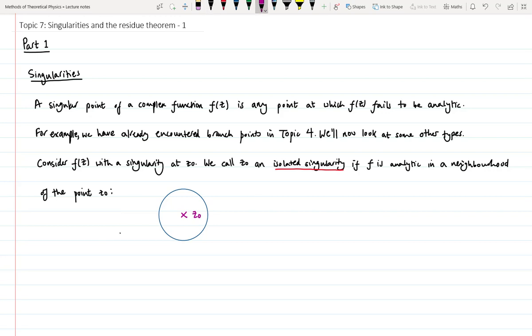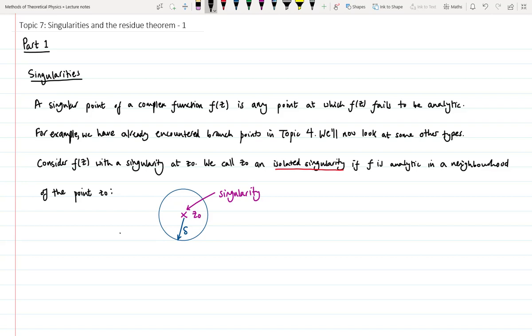I'm going to label this point as our singularity. And then we have this circle around the point of radius delta. The region within this circle, excluding the singularity, is the neighborhood of that point.